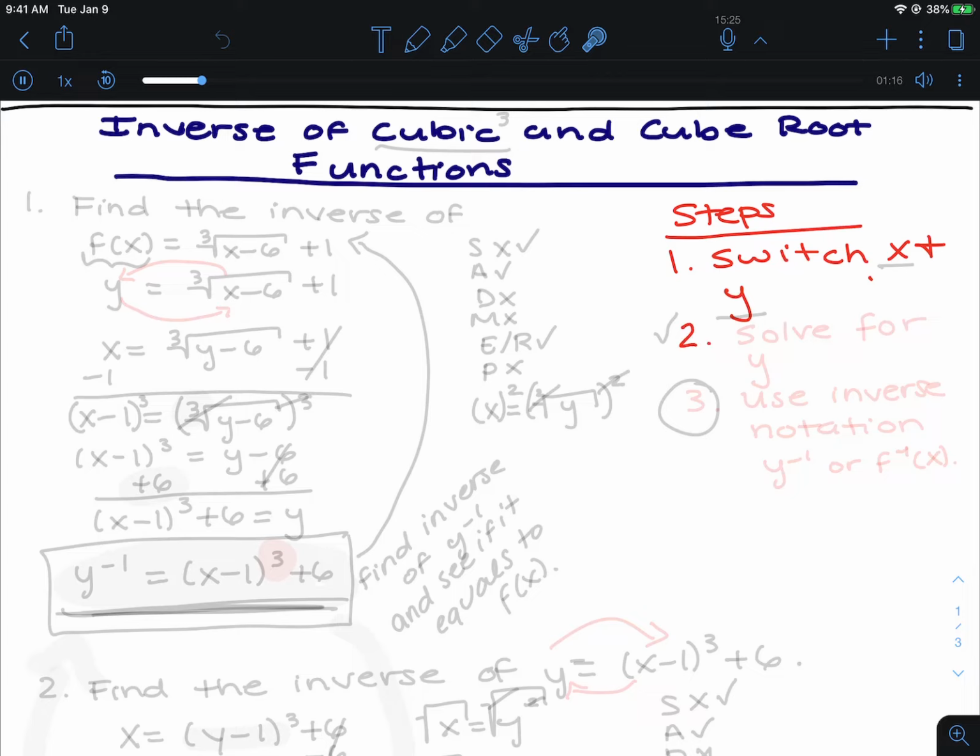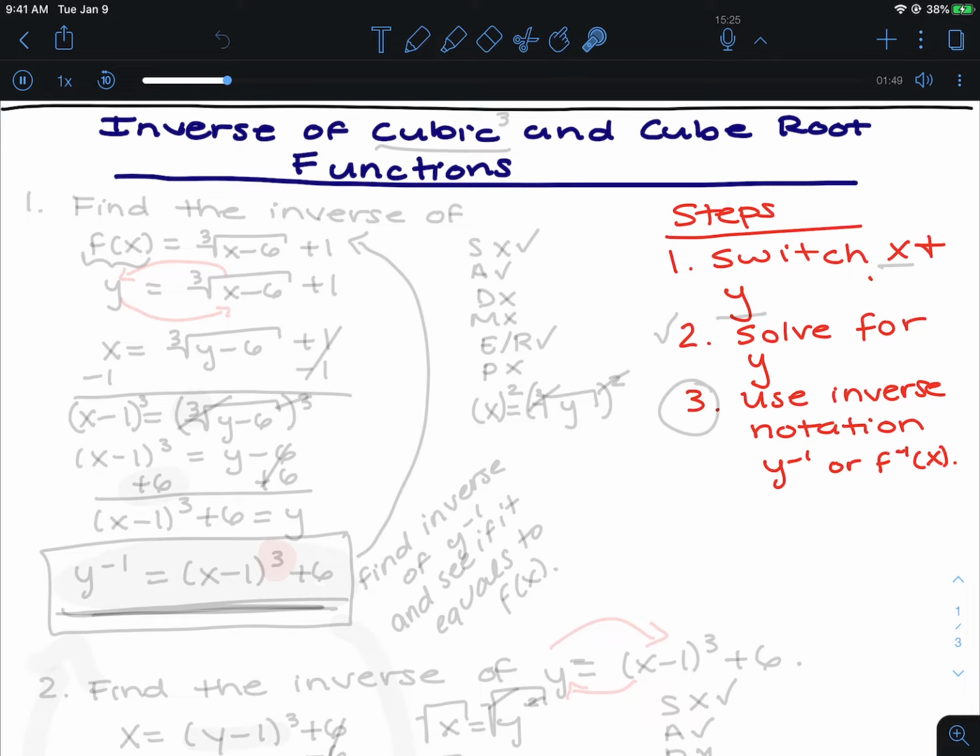Second step, after you switch x and y, is that you are going to solve for y. And then the third step, just remember to always use inverse notation, which means y to the power of -1 or f of -1 of x.